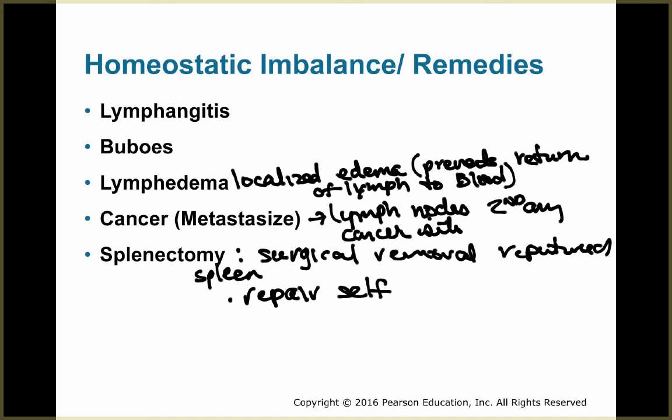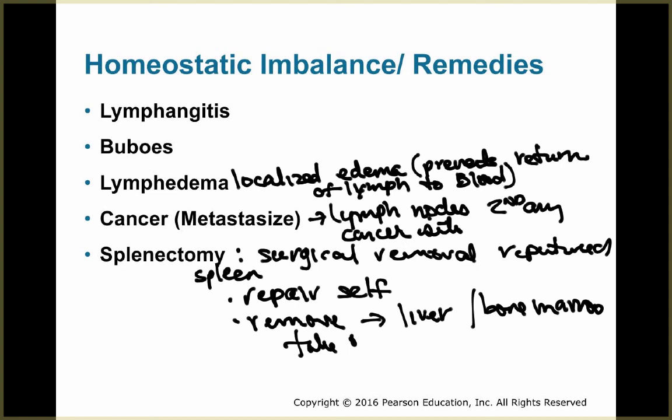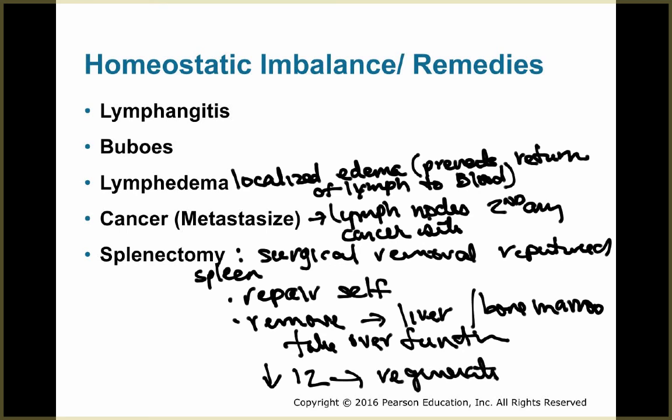So the frequency of these emergency removals has decreased drastically. If the spleen must be removed, the liver and bone marrow take over its function. And in children under 12, the spleen will actually regenerate if a small part is left.